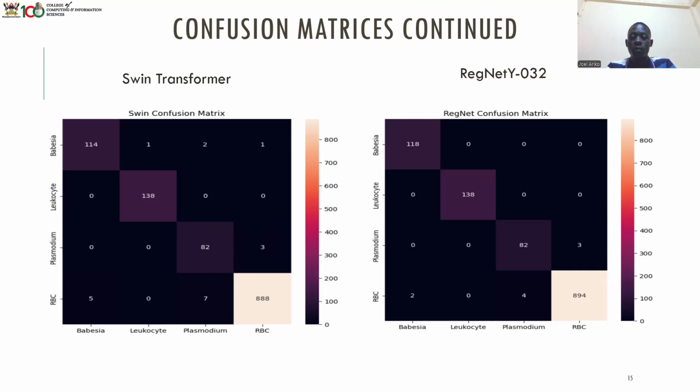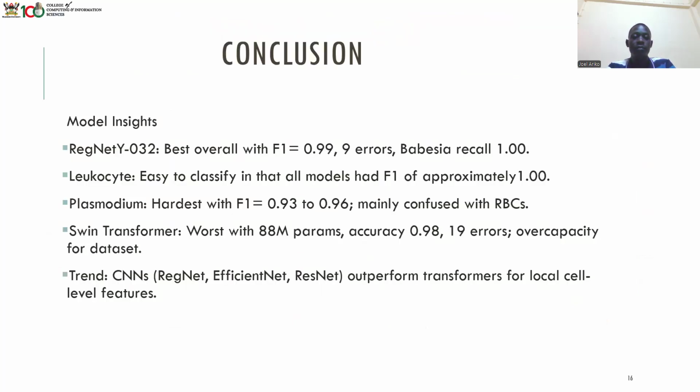So when you compare all these, I came up with this conclusion from the model insights. The RegNet Y032 architecture gave us the best model, with an overall F1 score of 0.99 and 9 errors, as you saw in the confusion matrix, and a Babesia recall of 1, that is 100%.